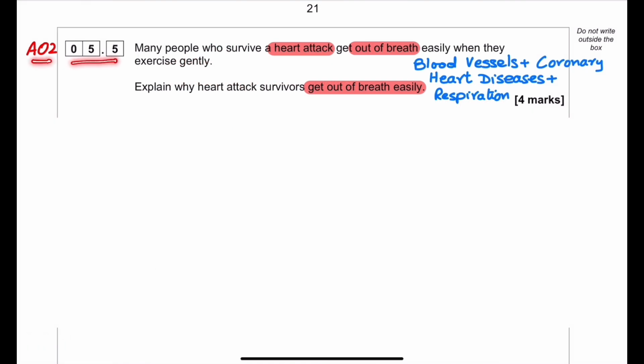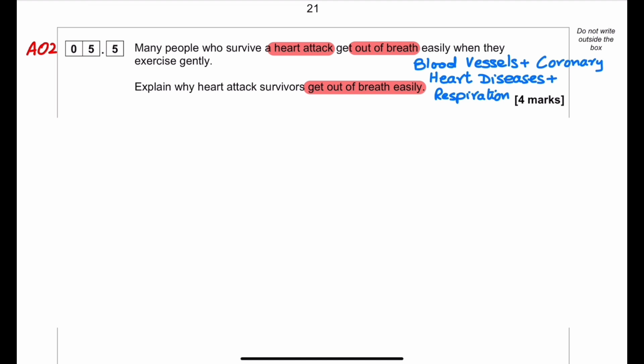5.5 is an AO2 question, and this question is from blood vessels, coronary heart diseases, and respiration. Many people who survive a heart attack get out of breath easily when they exercise gently. Explain why heart attack survivors get out of breath easily.